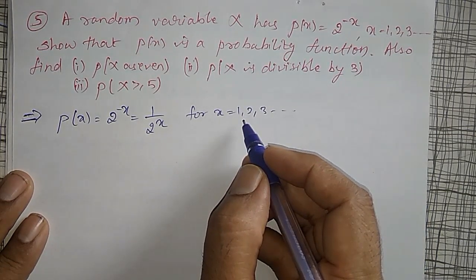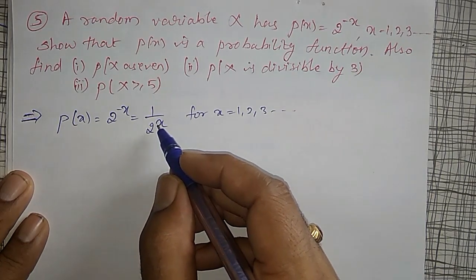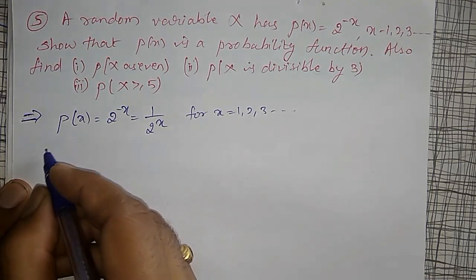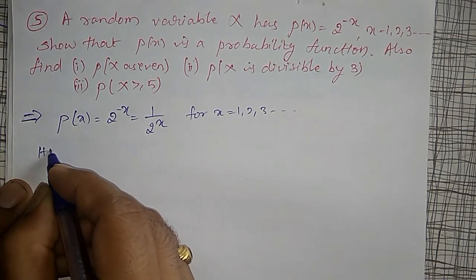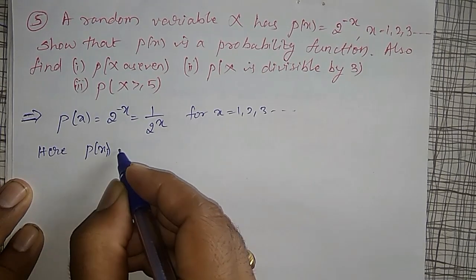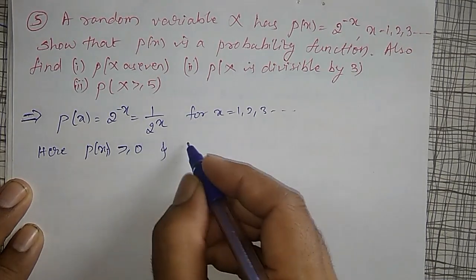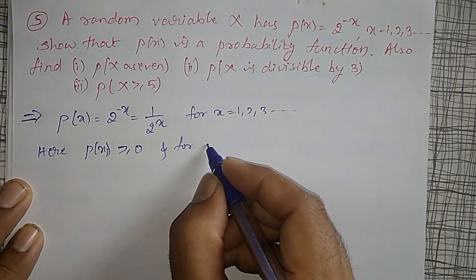For x equal to 1, 2, 3 and so on, 1 divided by 2 to the power something is always greater than or equal to 0. So p of xi is greater than or equal to 0.